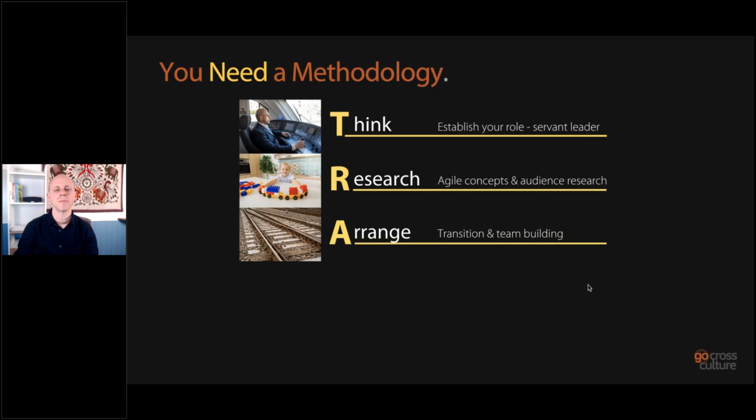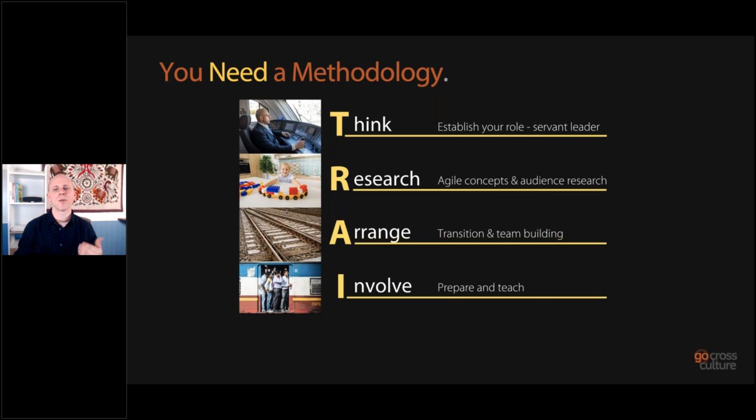The next step then is to involve them. Now you've established yourself as the driver, you've got the vehicle through the research, and you know what vehicle to carry them through, you've laid the tracks down, then you need to get them on board. Your team and your passengers, by preparing them, teach them how to do this. This is convincing them to come on board and say, right, what do we need to do? How does this work? What is everybody's role?